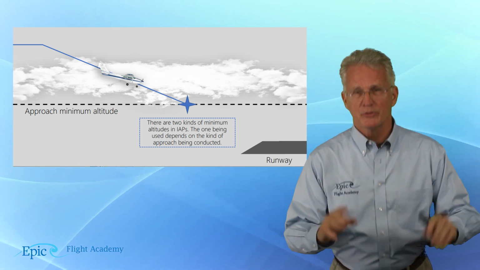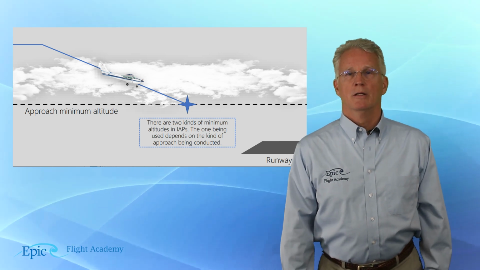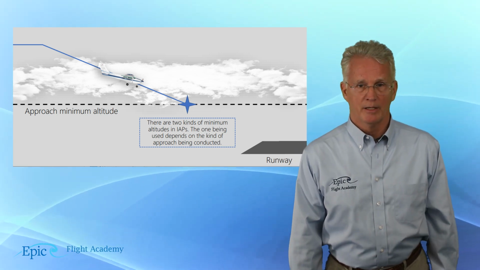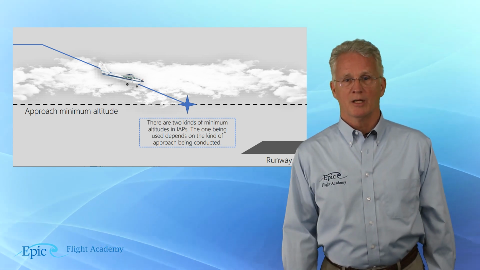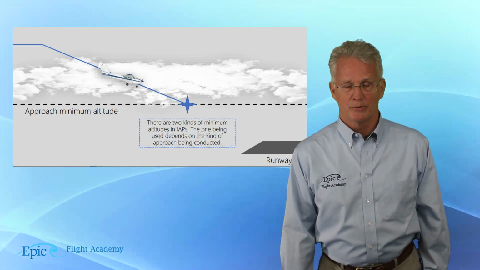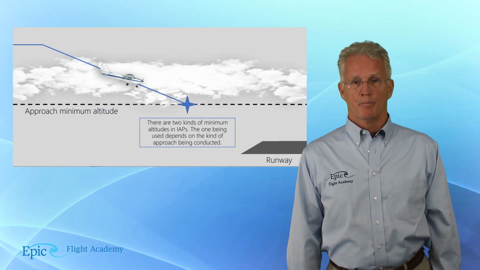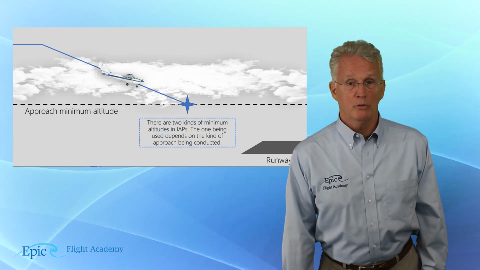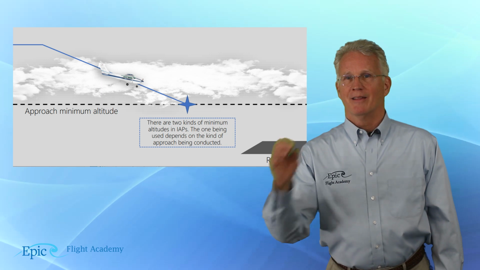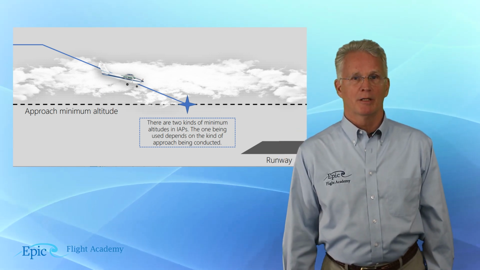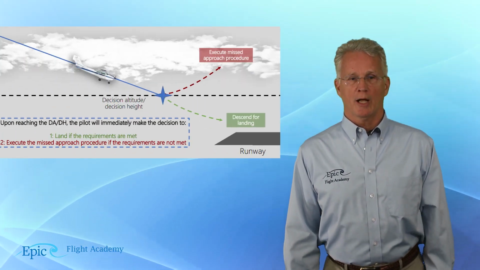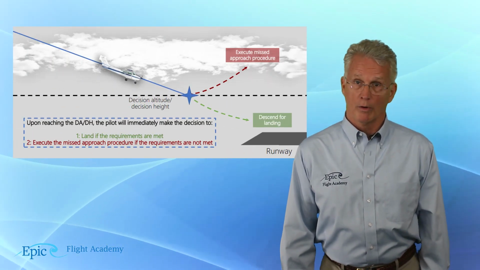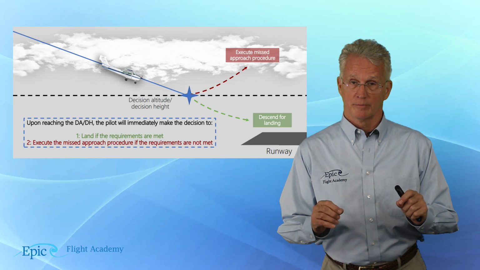Now, this is important because it helps us define the 2 kinds of minimum altitudes in IAPs, Instrument Approach Procedures. The one being used depends upon the type of approach being conducted. The first one to discuss is the decision altitude, or decision height.